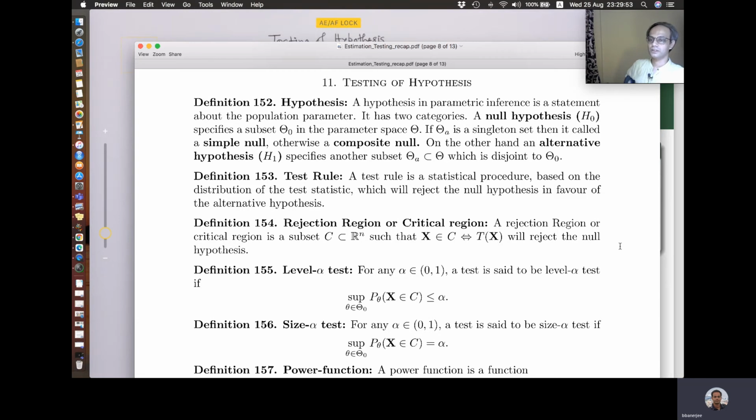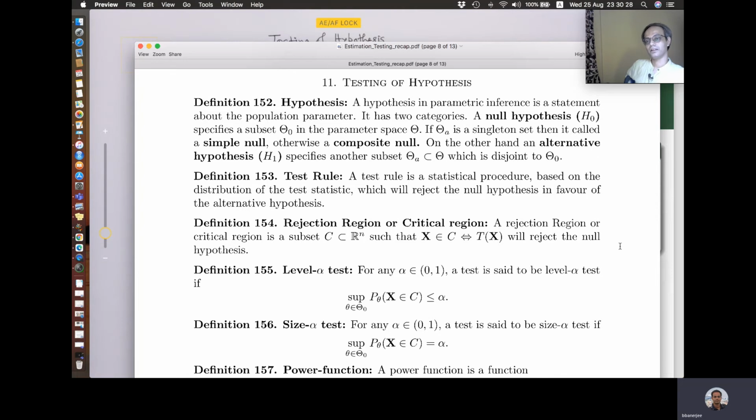And null hypothesis will be also of two categories. One is simple null. When the null hypothesis is specifying a singleton set, then it is a simple null. But when it is specifying a set which is not a singleton set, then it is known as the composite null.